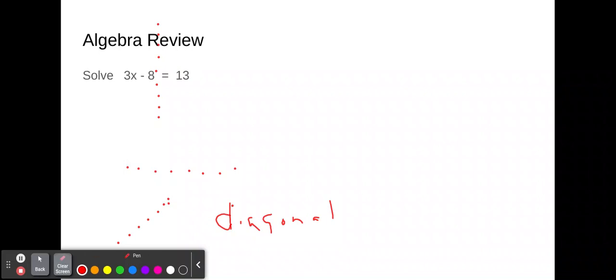So we're also going to do a little bit of algebra review as we get started in geometry. In this lesson, I'm going to do a couple of algebra problems as review. We're going to solve a two-step equation here, 3x minus 8 equals 13. Maybe you remember this, maybe you don't remember it.